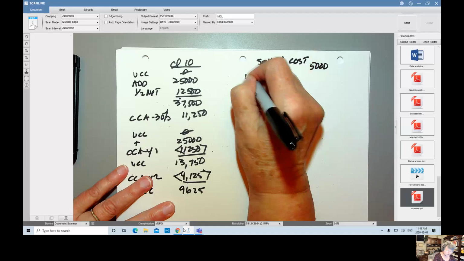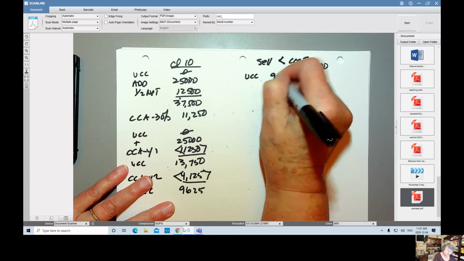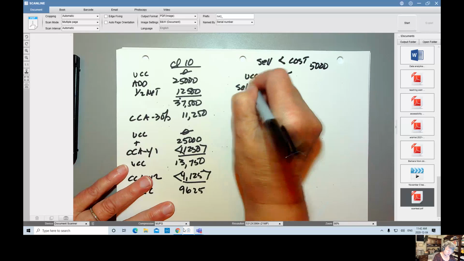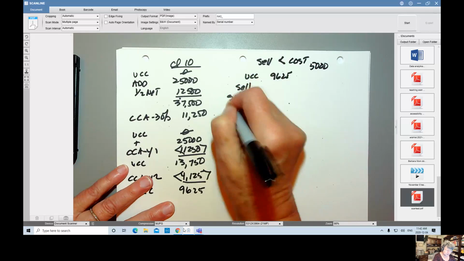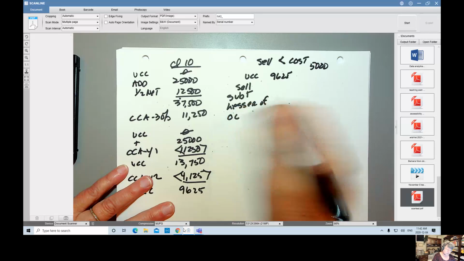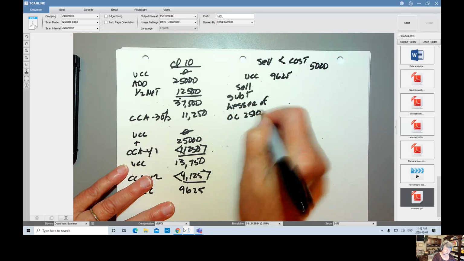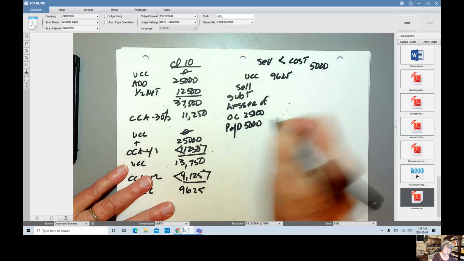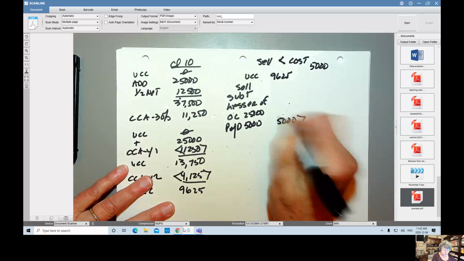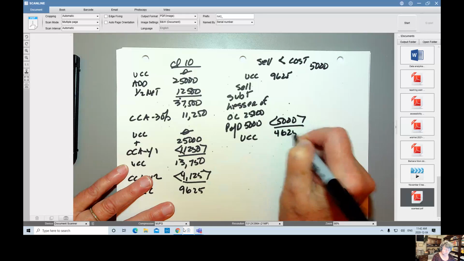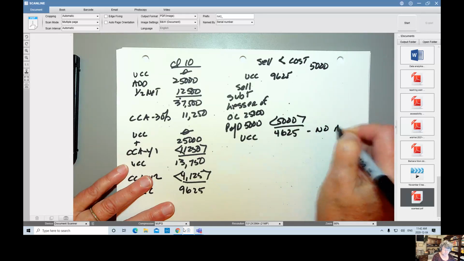So I have this UCC balance of 9,625, and I'm going to sell, again, subtract the lesser of original cost of 25,000 or the proceeds of disposition of 5,000. The lesser of is 5,000. So now I have a UCC balance of 4,625, but no assets.